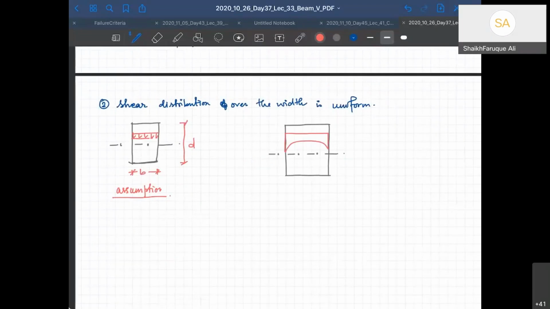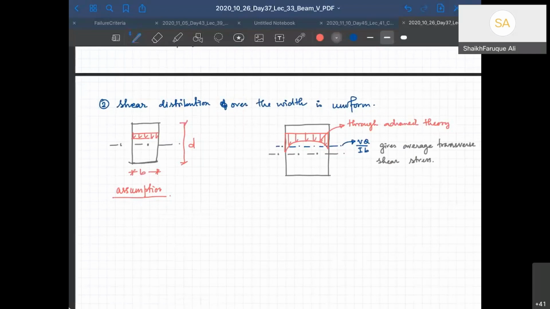What you get from VQ by IB is, through advanced theory, an average transverse shear stress.